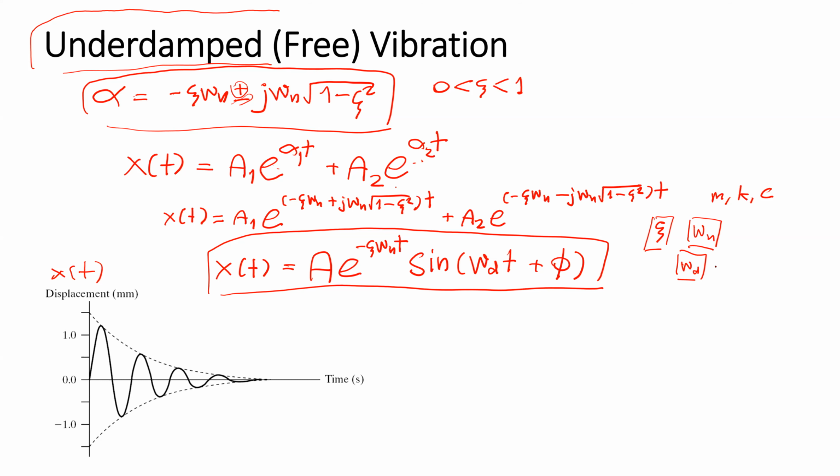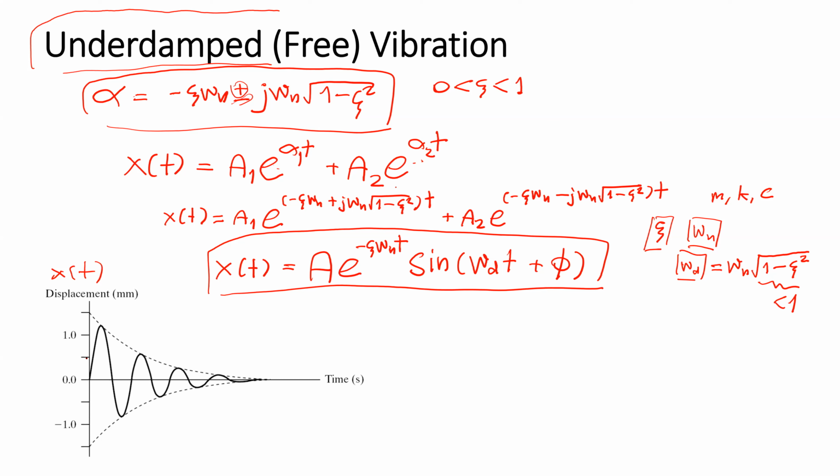The damped natural frequency is equal to the natural frequency multiplied by the square root of 1 minus psi square. So the damped natural frequency is always less than the undamped natural frequency, because this term is always less than 1.